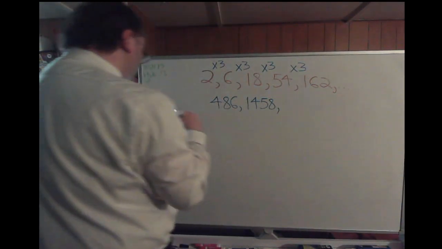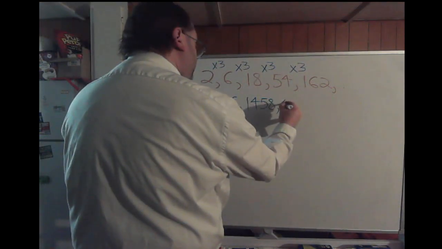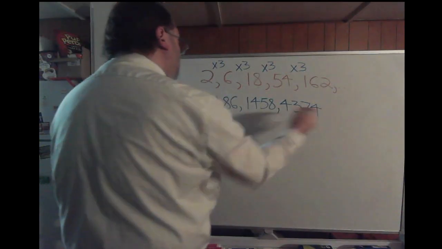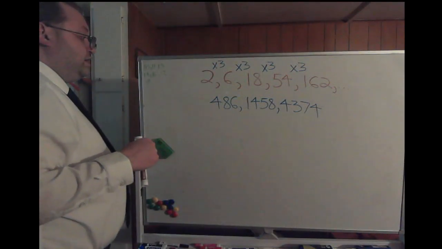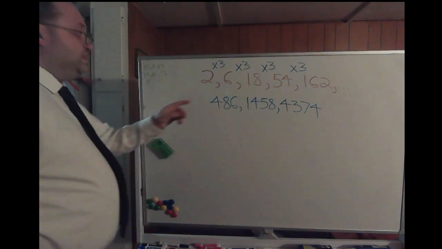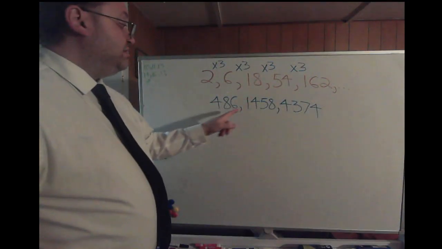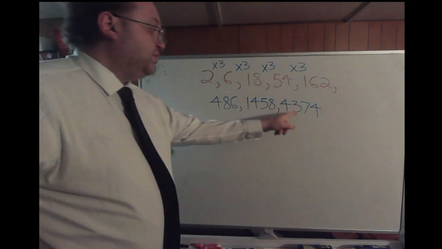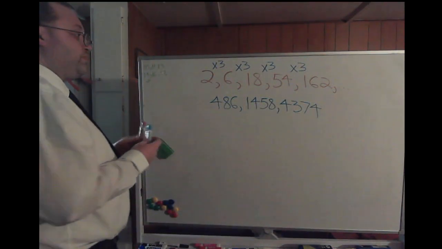Then to find the third term, the last term we're being asked to find, multiply by another 3, you'll get 4,374. So, based on multiplying each term by 3 to get the next term, you'll have 486, 1,458, and 4,374 as your next 3 terms.